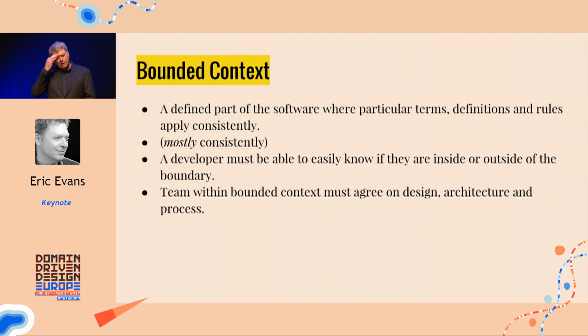And this boundary creates freedom to define the rules that apply here. Not just what is our design, what are our names, and so on. But the architecture can be different within different bounded contexts. The process too, because development process is never going to be uniform any more than design is. And that's all there is to it.